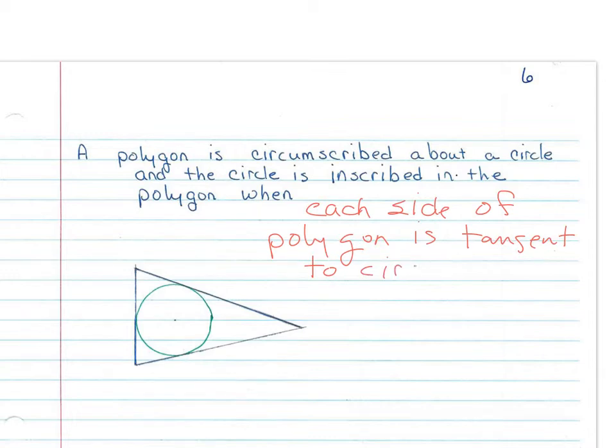So this circle is inscribed. Inscribed is inside. That's how I always remember it. If it's inscribed, it's inside. So notice here, this circle is inscribed in the polygon because each side of that triangle is tangent to the circle.